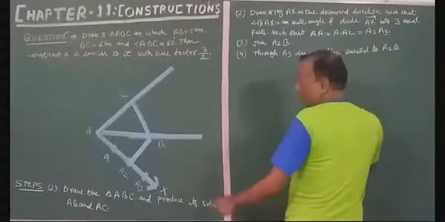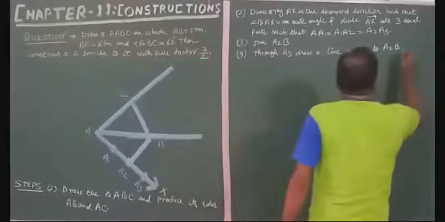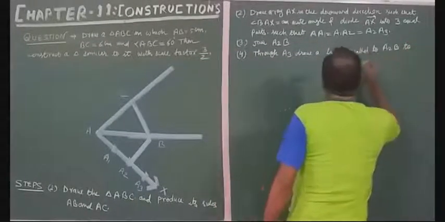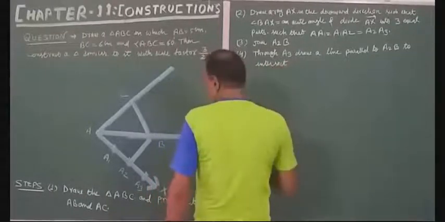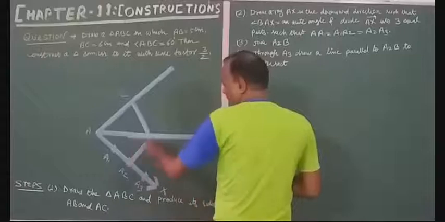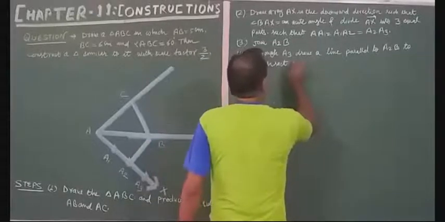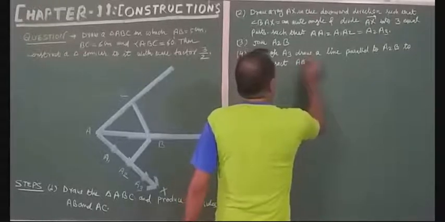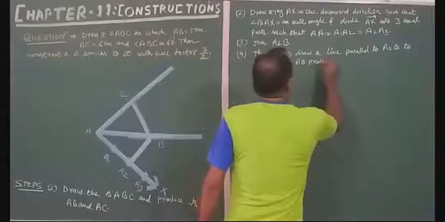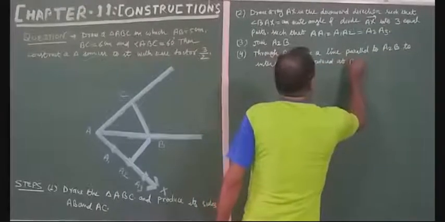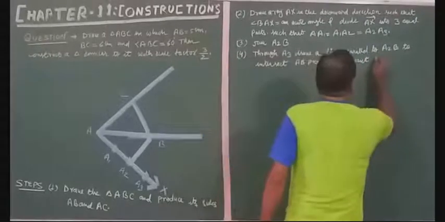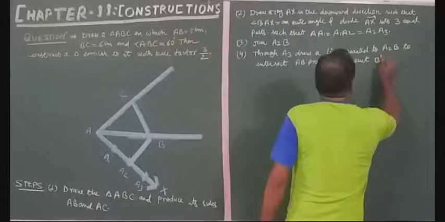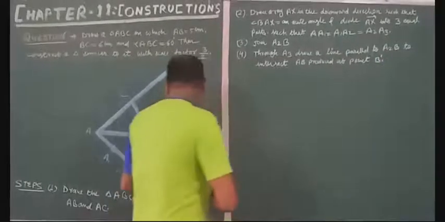A to B, to intersect AB produced at point, suppose that was B dash.